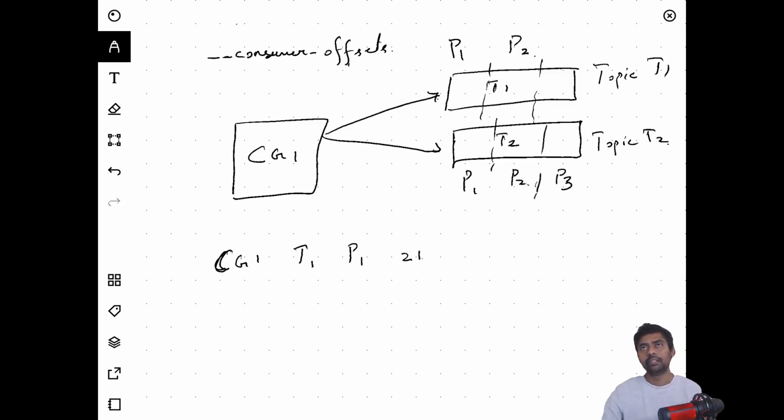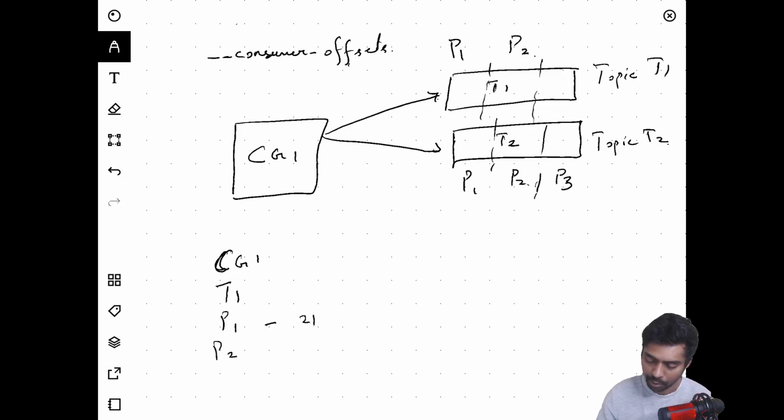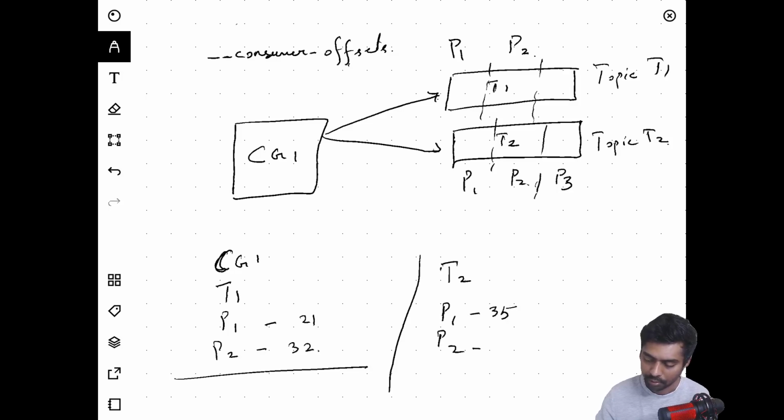It is very similar, but the representation is something like this. So when you describe a consumer group, it will be like CG1, then we have topic T1, and then for P1 the last read offset is 21, P2 is 32, something like that, and then it has topic T2, partition 1, 35 maybe, and P2 is 45.